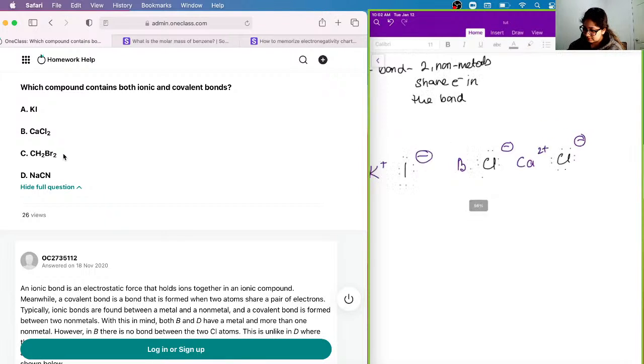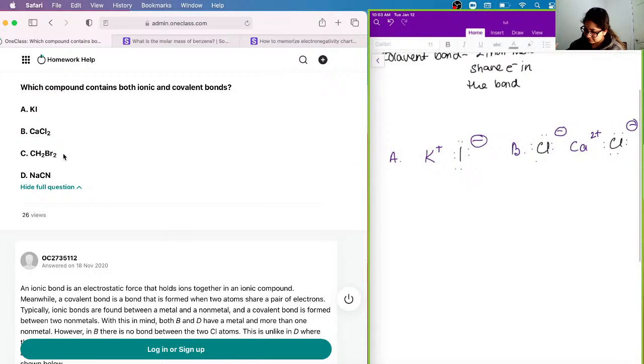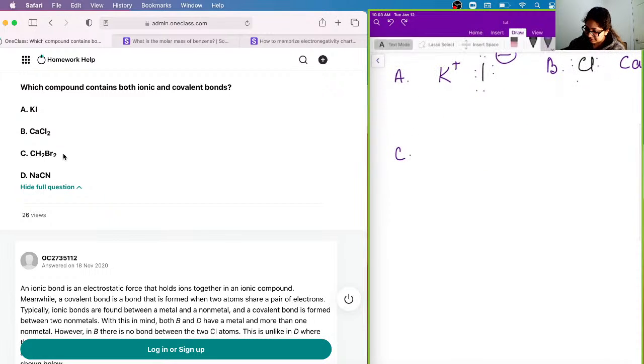Then you have C, which is not methyl bromide, but a carbon group attached to two bromine atoms.